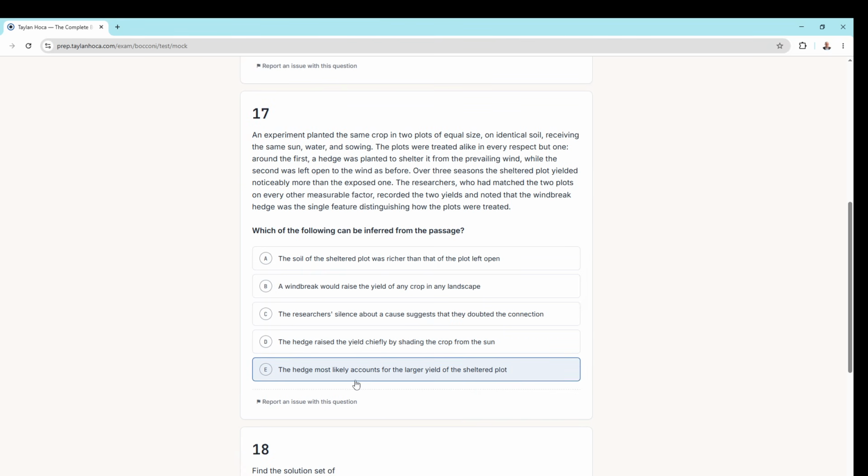No. The hedge most likely accounts for the larger yield of the sheltered plot, right? Because there is no other variable considered.